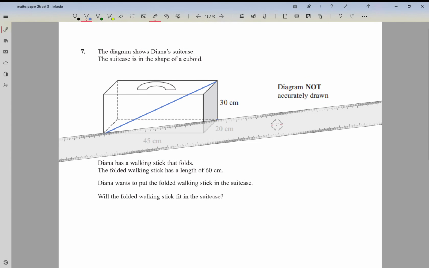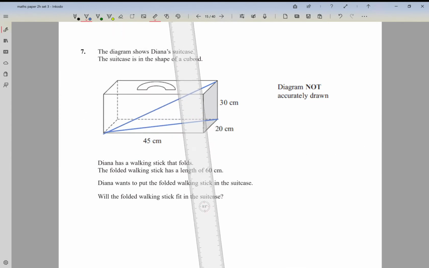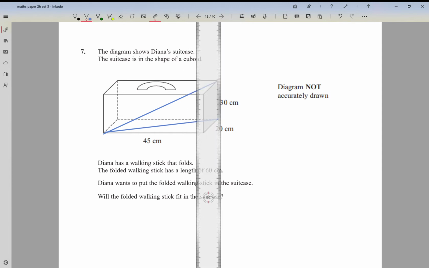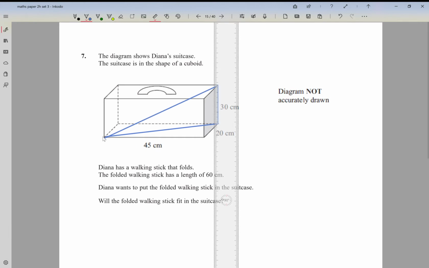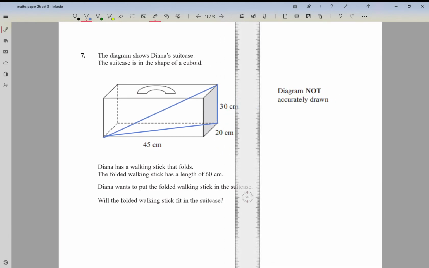So if we just picture, first of all, the first triangle that we're trying to find, we need the hypotenuse of this right angle, but unfortunately at the moment we've only got the height of it, we've only got 30, we don't have the hypotenuse, and we don't have the base either.